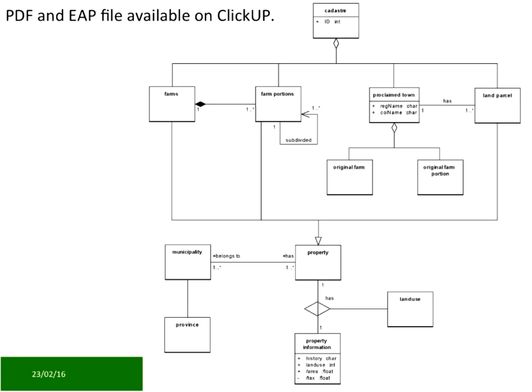So let me just go to the bigger one. This is just the entire model. We have the proclaimed towns, which have an association with land parcels, and all these are properties. Now the question is, should a property have an association with a town? As you can see in this specific instance, we'll get to this part still, but the property has an association with a municipality.